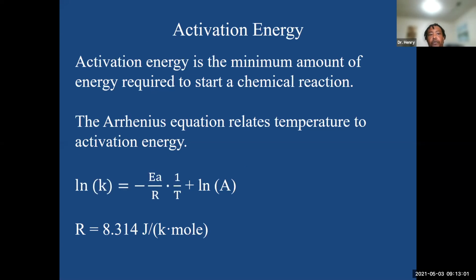So this is the activation energy equation. It allows us to calculate the value for the kinetic constant.